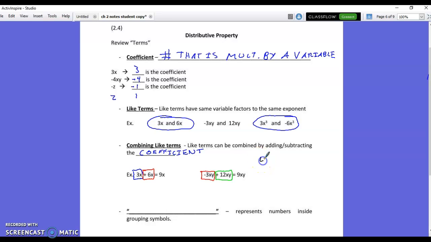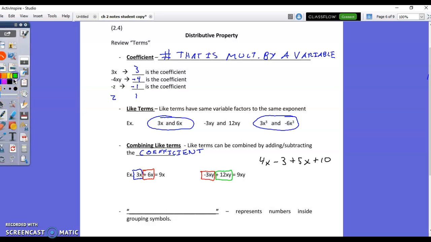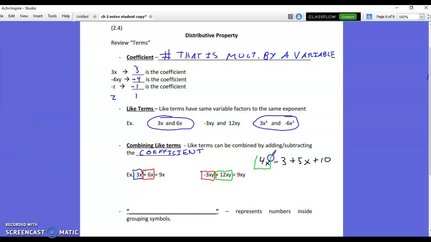Let's do 4x minus 3 plus 5x plus 10. The first thing, if I'm going to combine terms: this particular problem has 4 terms in it. You can see it, 1, 2, 3, 4. And if I ask you to tell me what terms they are, and to be specific, you would say it's a positive 4x.